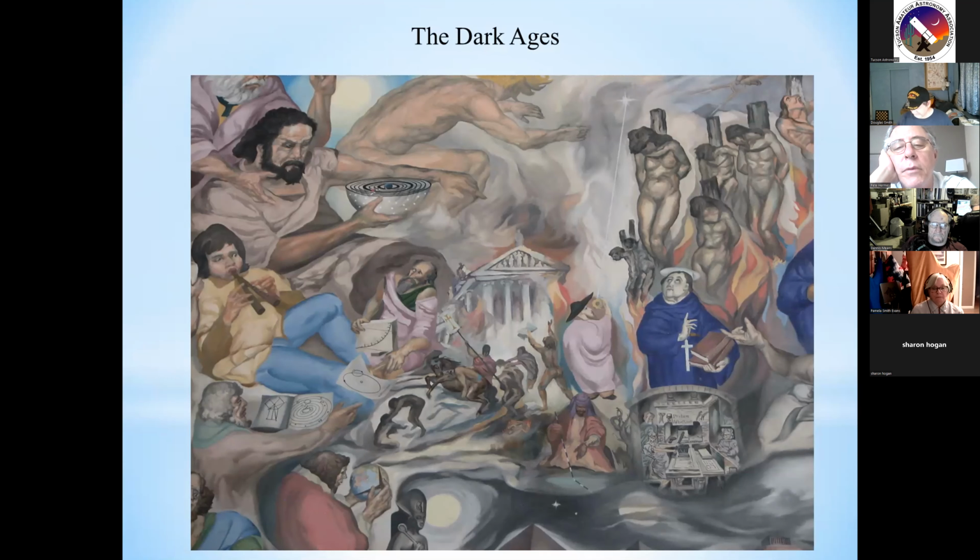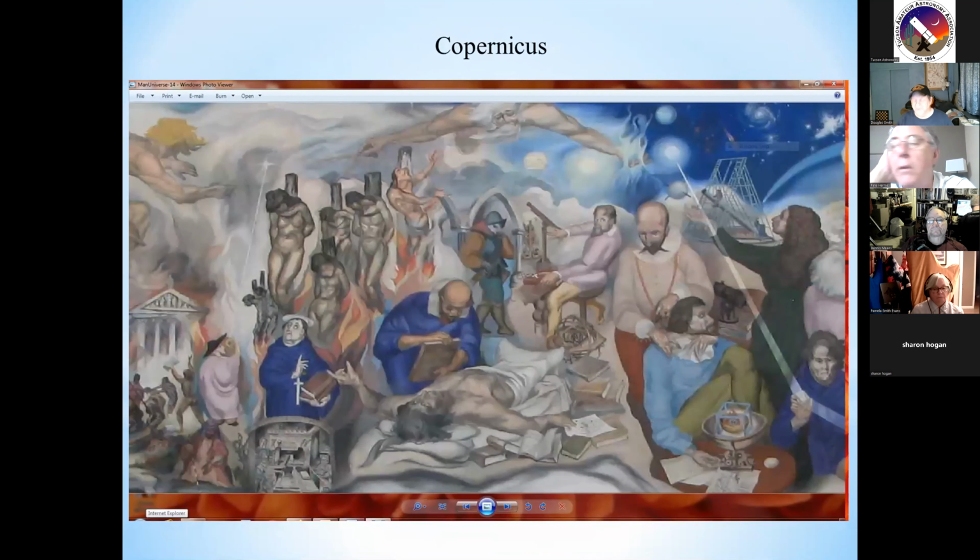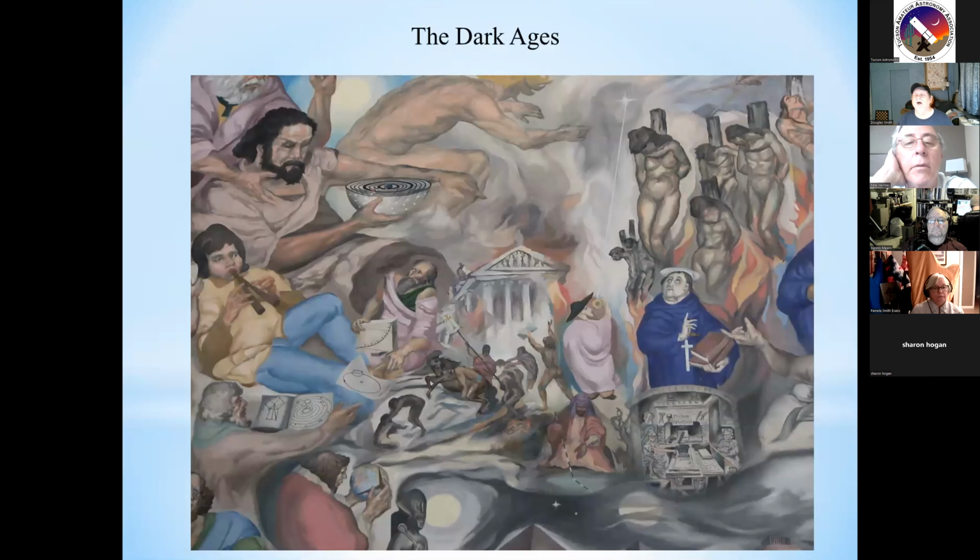Now we come to what's called the Dark Ages, as I call it. Right here in the center of your image, that's the burning of the Library of Alexandria. That is what you would consider the start of the Dark Ages.